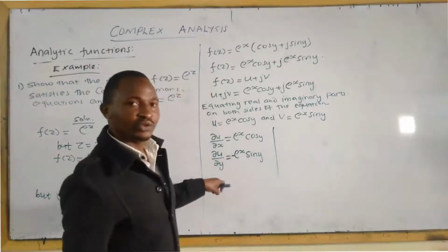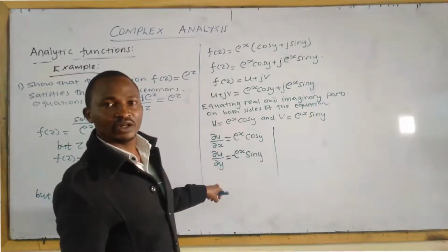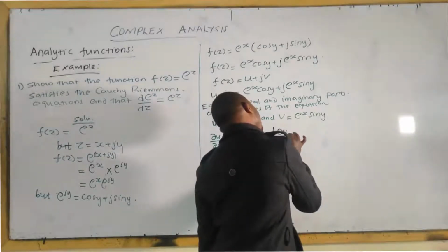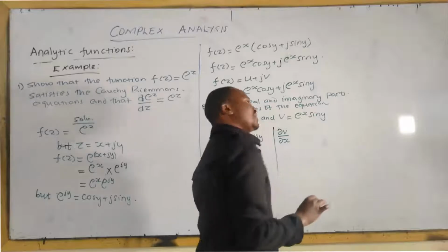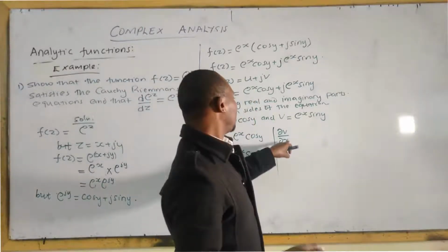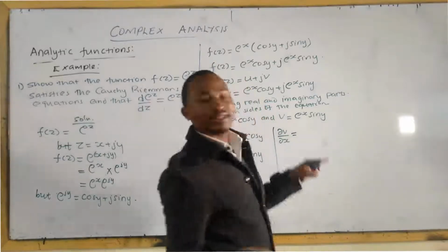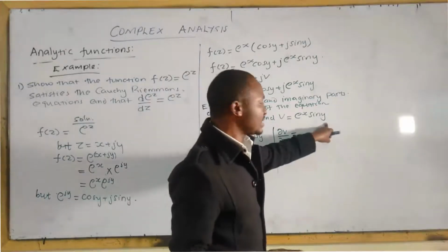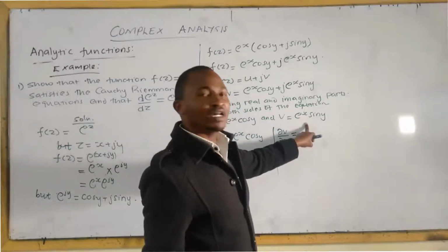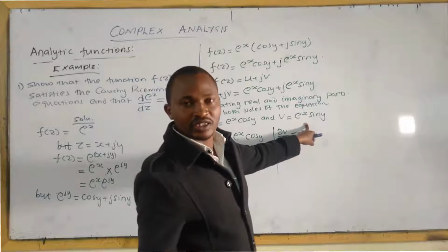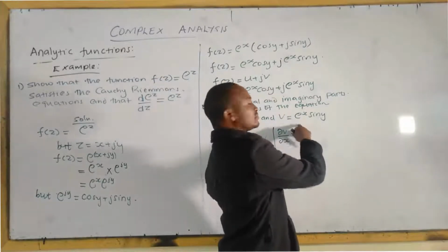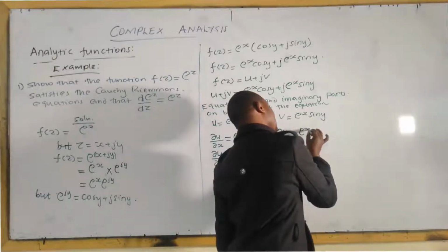This side we are dealing with u, partial derivative of u. This side, let us get the partial derivative of v, first with respect to x and then with respect to y. This derivative means here y is a constant, so the whole of sine y is a constant. We are differentiating with respect to x, so we concentrate on where we have x. We differentiate the exponential, we just mean exponential x.